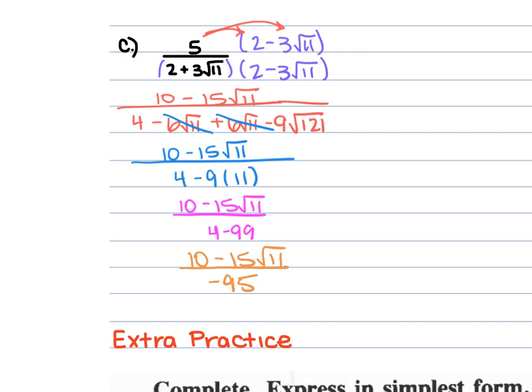All of these are divisible by 5, and we have to change the signs on everything. So this is going to be a negative 2, a positive 3, and then that 95. 5 goes into 95 19 times. So this is negative 2 plus 3 square root of 11 all over 19.